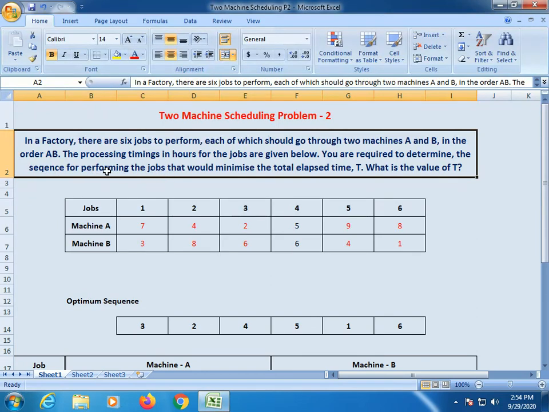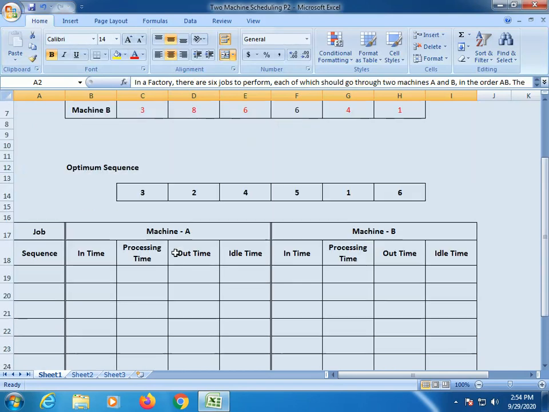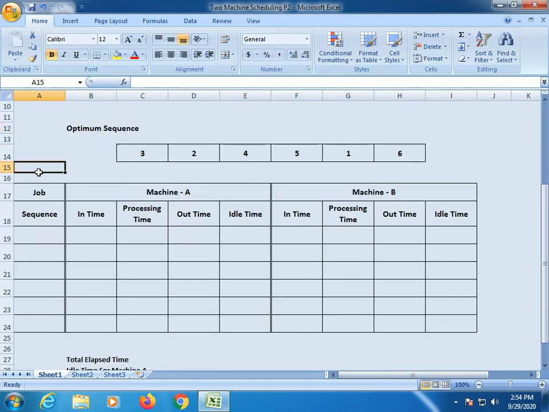We have to perform the jobs, then we can easily identify the total elapsed time, that is T. So after identifying the optimum sequence, we have to process the jobs, or process the timings.